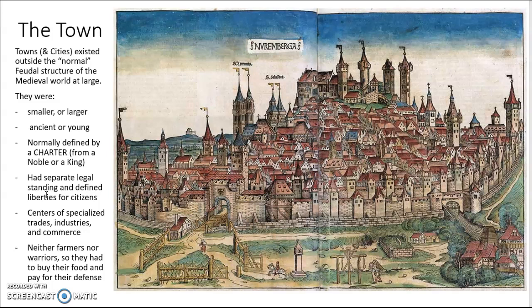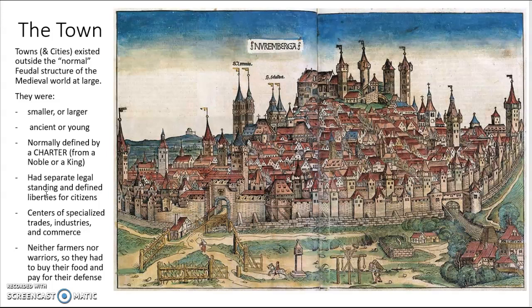They're not able to dedicate their time to raising food or animals or training as soldiers, and so generally speaking, they're having to pay for their food and pay for their defense. Even things like a police force are very much long after the medieval period. In fact, only recent inventions, for that matter, after the founding of America.